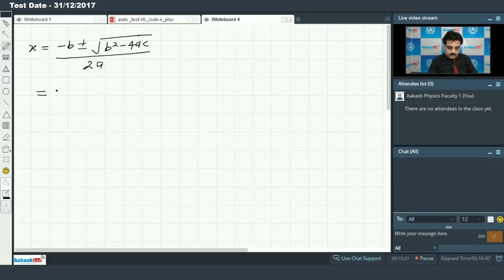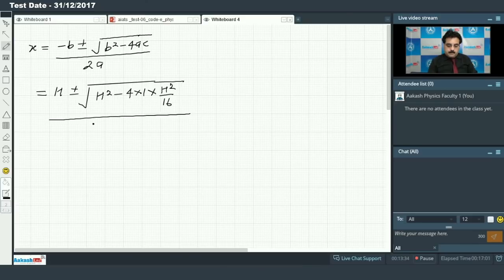So when I place the values, we'll get H plus minus root of b squared minus 4 into a, which is 1, and c is H squared upon 16, divided by 2 into 1, because the value of a is 1. So I have H by 2 plus minus root of H squared minus 4H squared upon 16. So when you subtract, we'll get 16 minus 4, means 12H squared upon 16, and 1 by 2 is there.